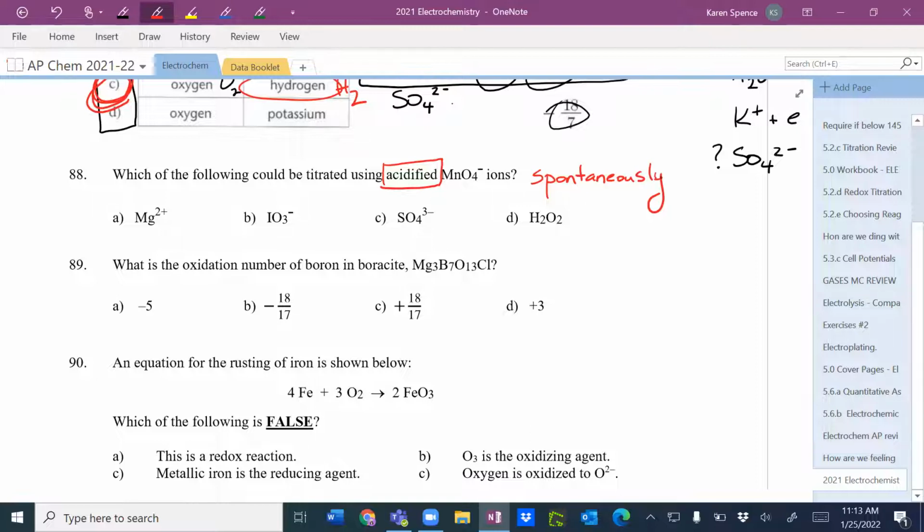Other pen. Should be typo. My own future reference. Fix it. Okay, and H2O2. All right, to our chart.